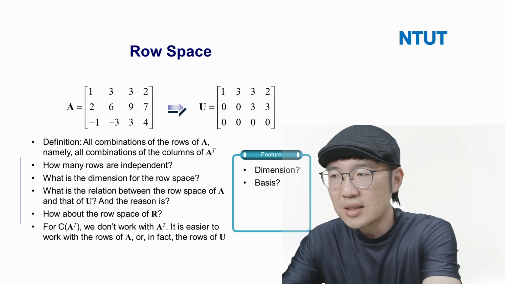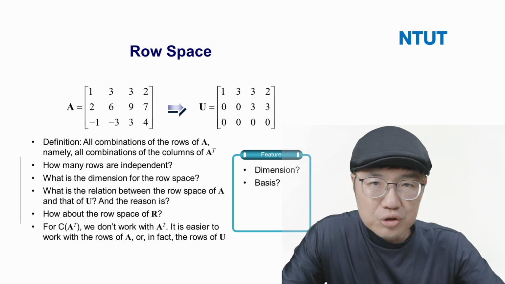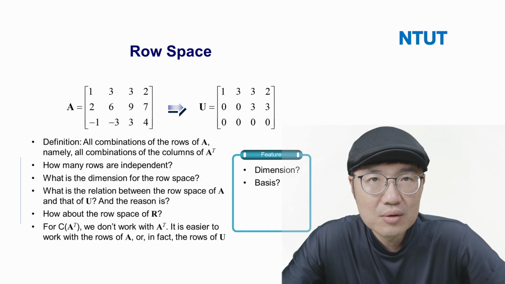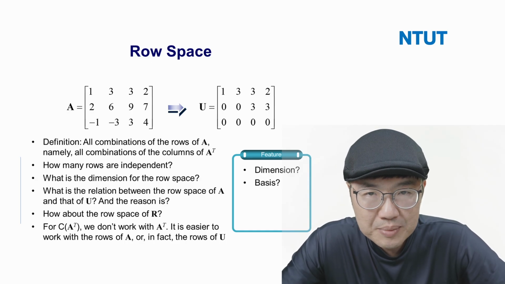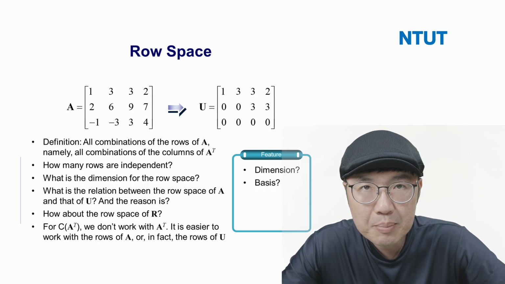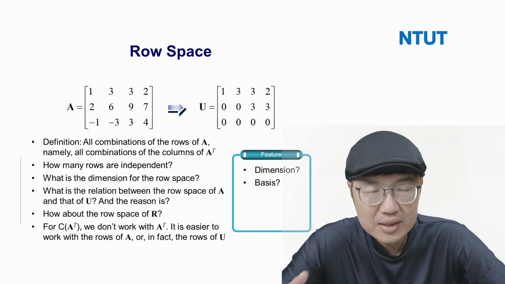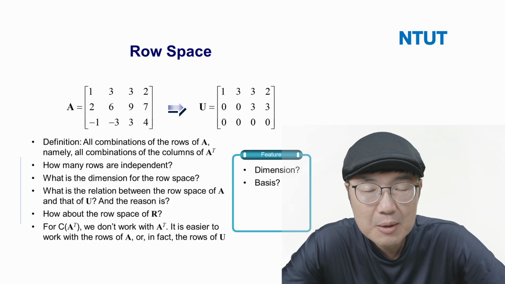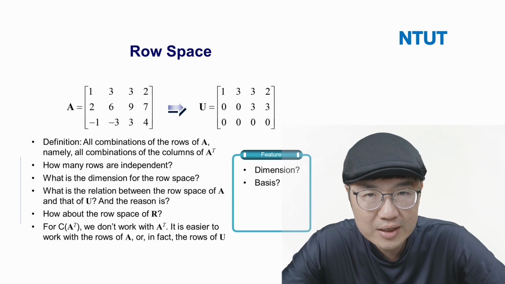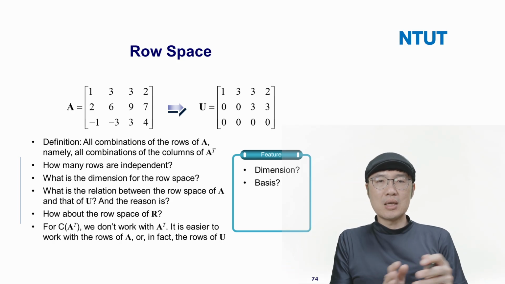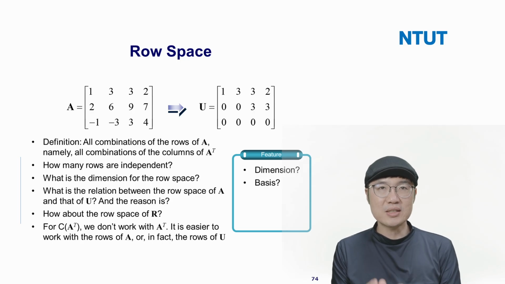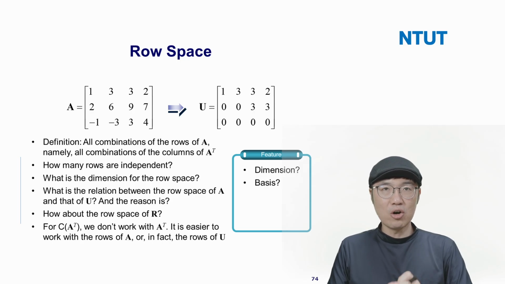From the introduction about space, now perhaps you already knew the row space means the subspace spanned by all the rows. The subspace spanned by all the rows is called the row space of A. Similar to column space. The column space is defined based on the subspace spanned by all the columns.